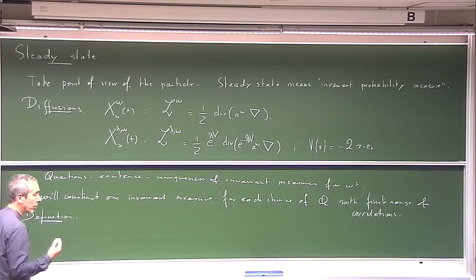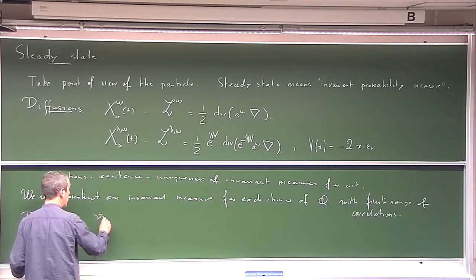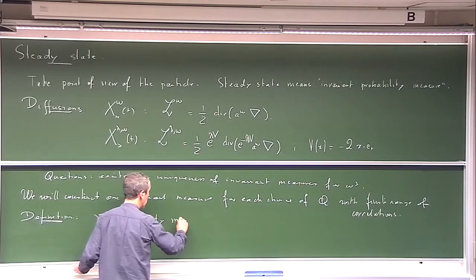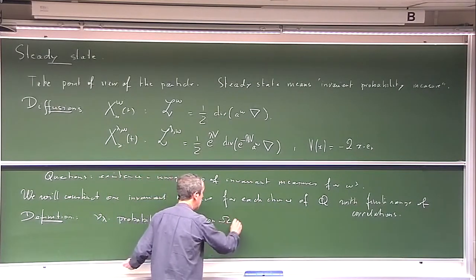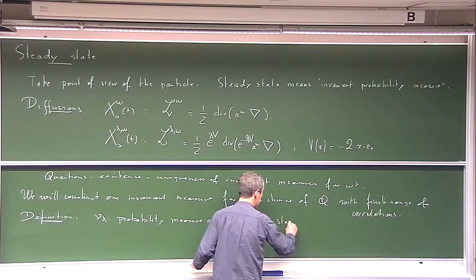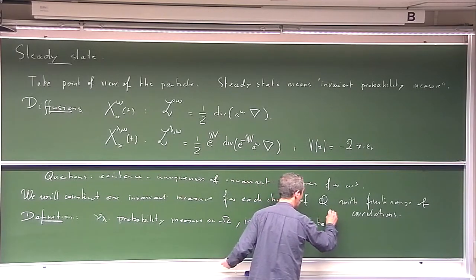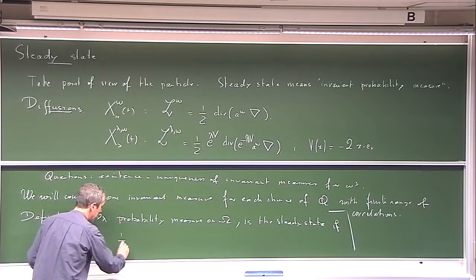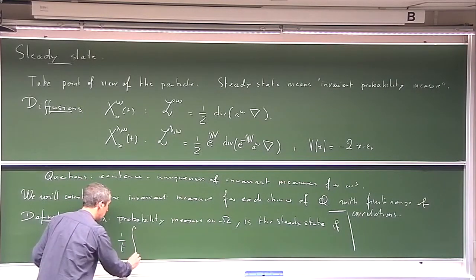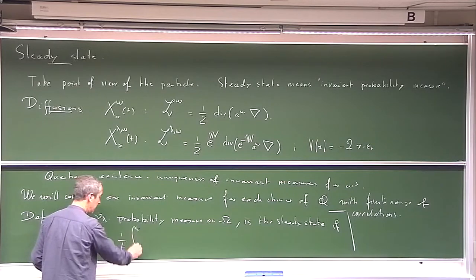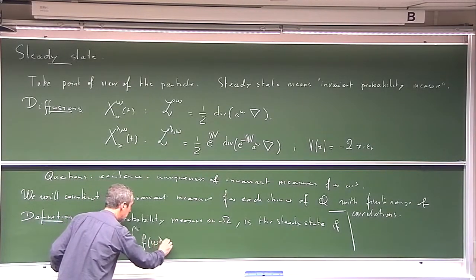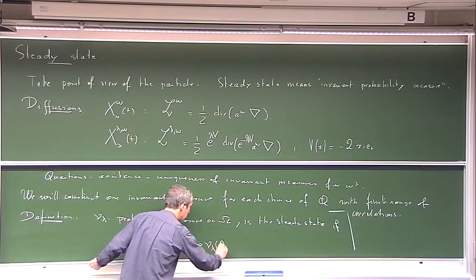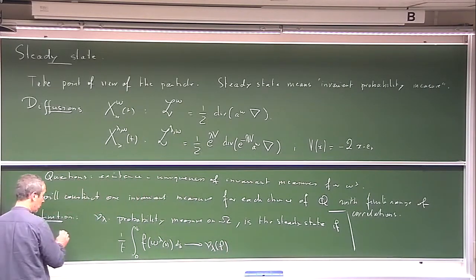We should call steady state, for a given value of lambda, ν^λ, which is a probability measure on Ω, the steady state if you have a law of large numbers: 1 over t times the integral from 0 to t of f(ω^λ(s)) ds converges to ν^λ(f), and we want this convergence to hold Q-almost surely.